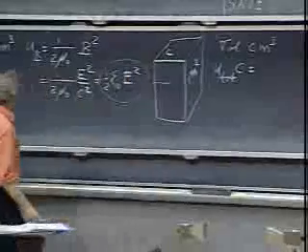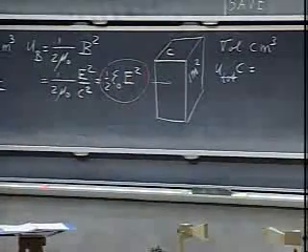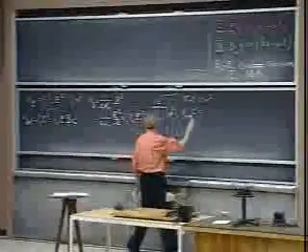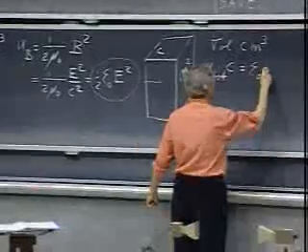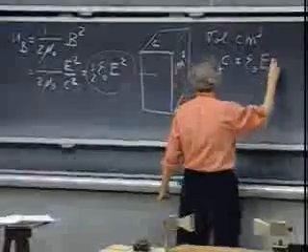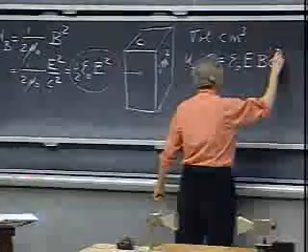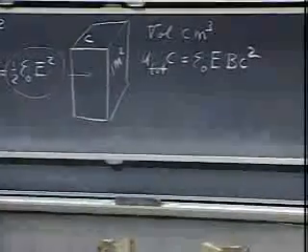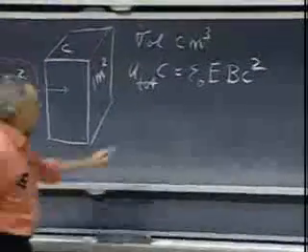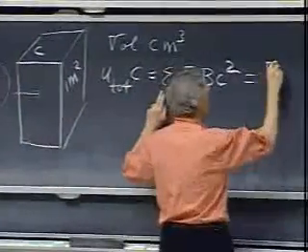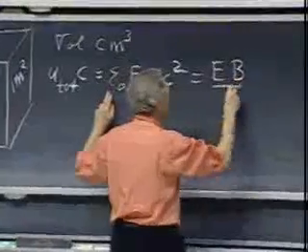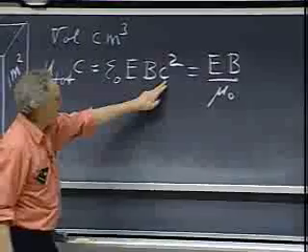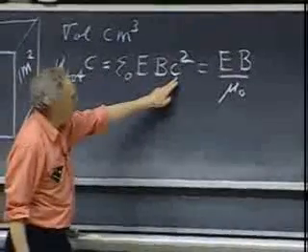And so I can use this result now here, and I can substitute that here, so I get epsilon 0 times E times B times c squared. I have to multiply it by this c here. And this, of course, is also E times B divided by mu 0, because c squared in vacuum is 1/epsilon 0 mu 0.